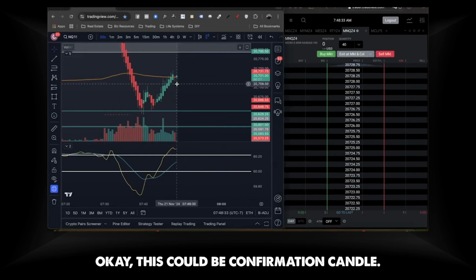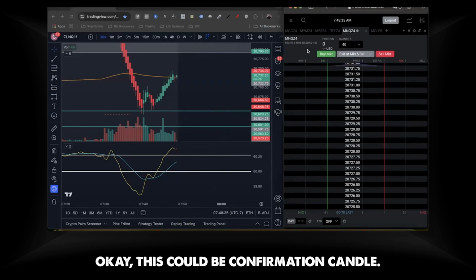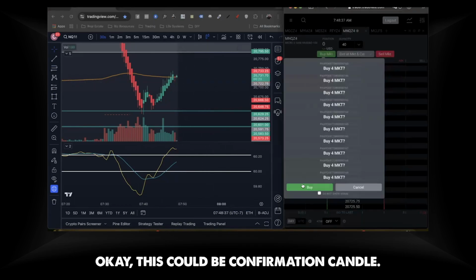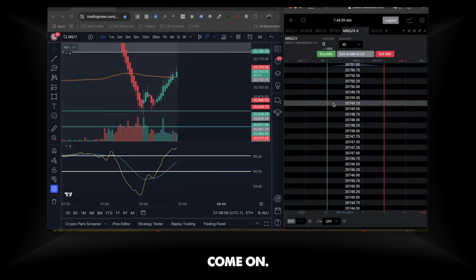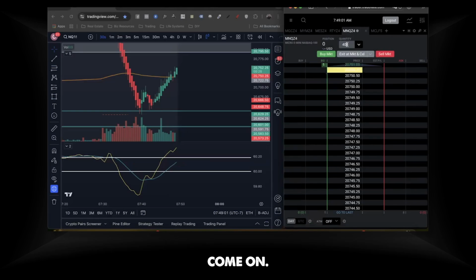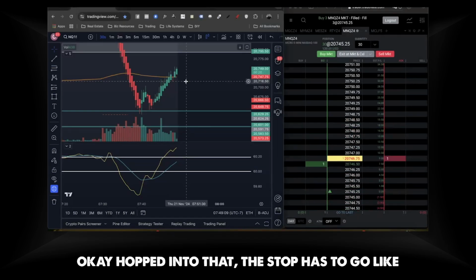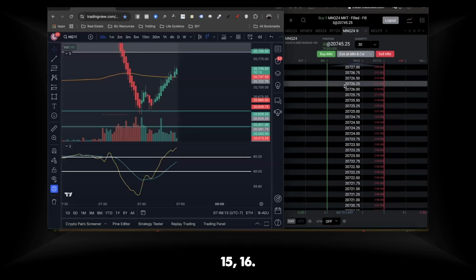Okay, this could be a confirmation candle. Oh, come on. Okay, I hopped into that. Stop has to go at like 15, 16.